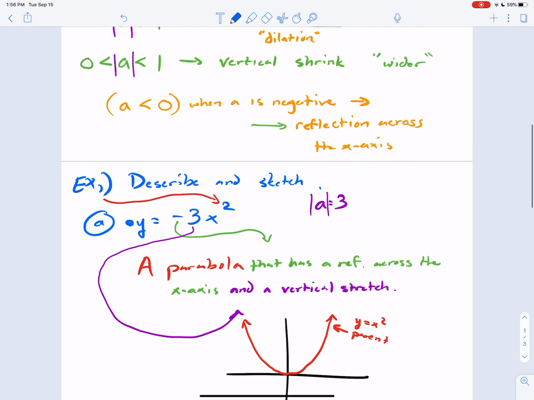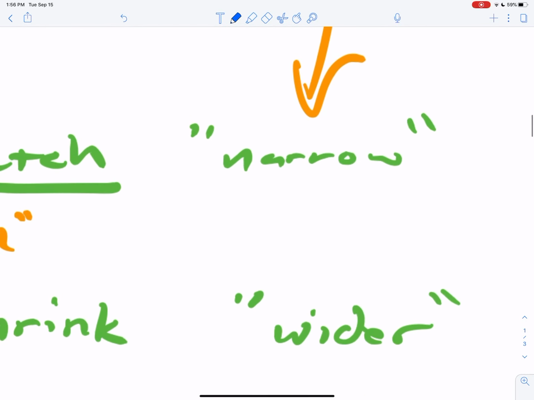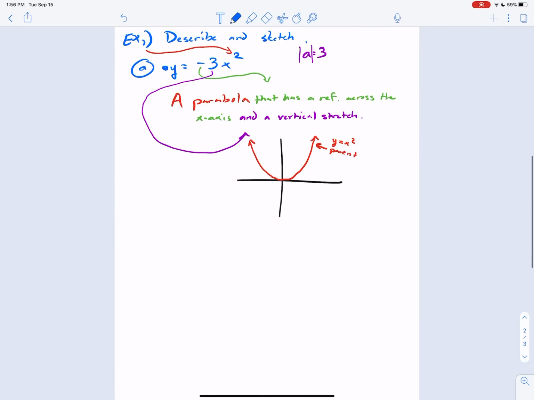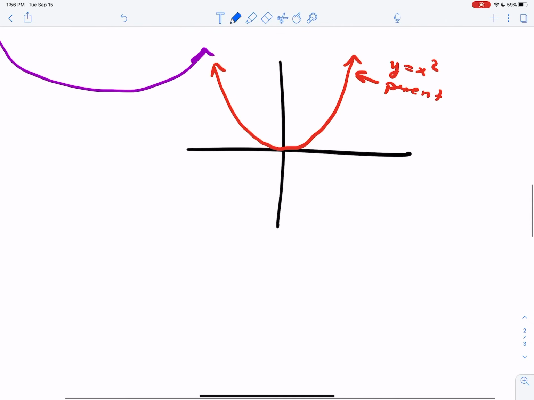Remember, what does a vertical stretch mean? It just makes it more narrow. So you're going to draw a very narrow upside down parabola. So you got something that looks like this. You can even emphasize it if you want to. You can exaggerate, make it even more narrow.